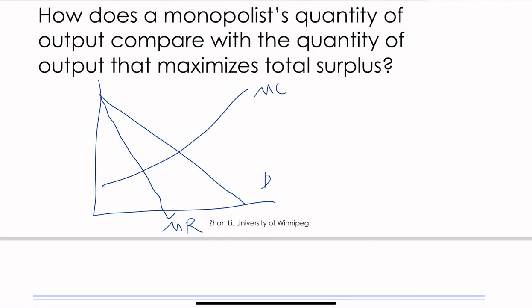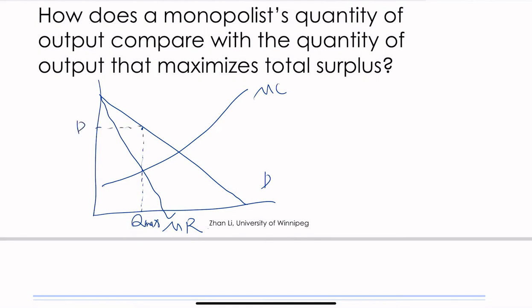So after drawing these three lines, we can find out what is the Qmax, that is the quantity which maximizes the monopolist's profit. And then we go upward from the demand curve, we find out the P here.